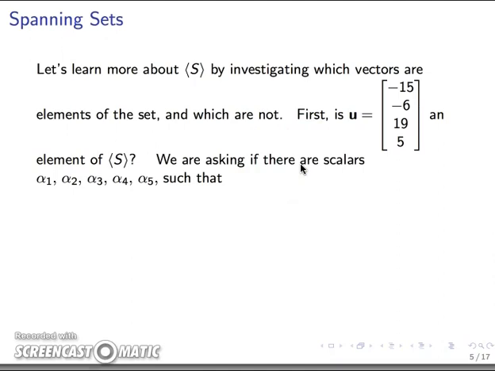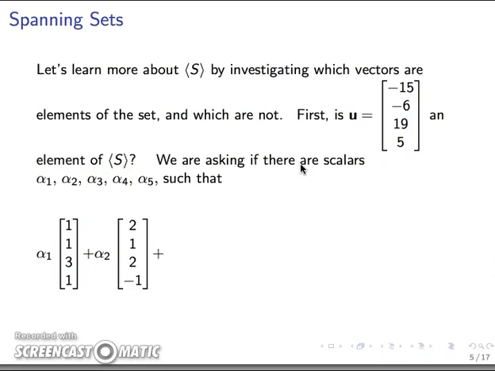By asking this question, we're asking: are there values of scalars alpha 1, alpha 2, alpha 3, alpha 4, and alpha 5 such that we can find the linear combination alpha 1 times the first vector, and then alpha 2 times the second vector? These are the elements of S, remember?